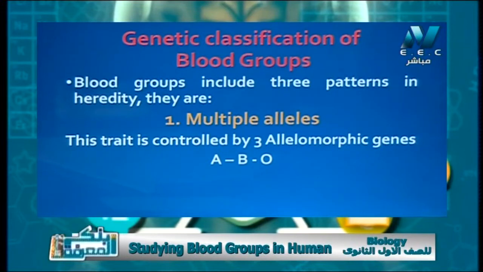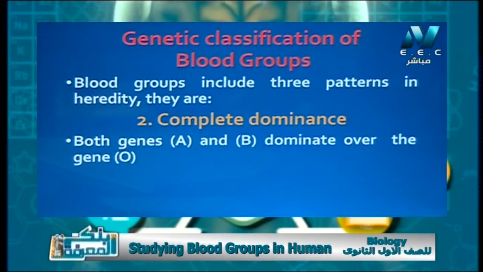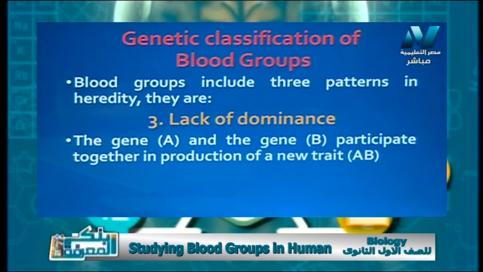The second pattern of inheritance is complete dominance. The complete dominance means the gene A dominates over the gene O, and the gene B also dominates over the gene O. So there is a complete dominance between A and O and B and O. The third type of inheritance is lack of dominance.